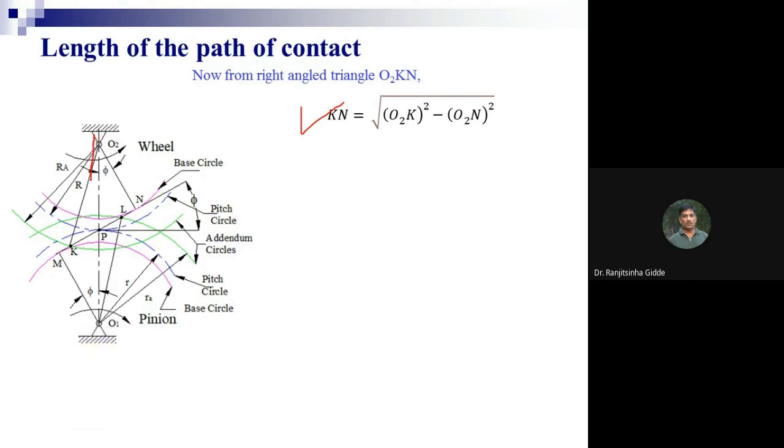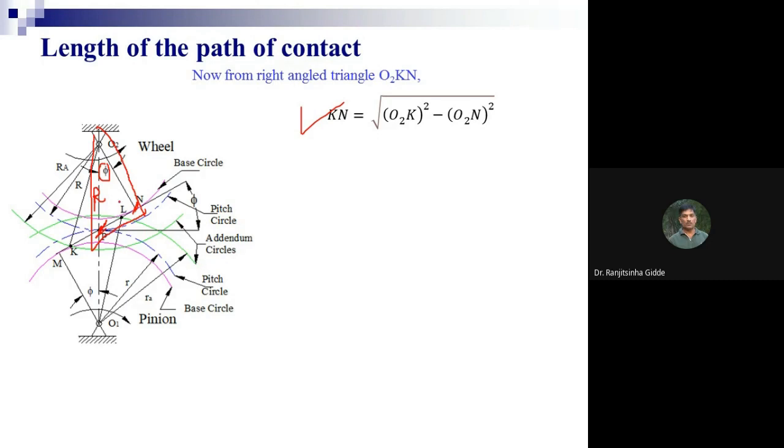Again you should concentrate. Pay attention only to the triangle that I show you. Okay, how to find out this Pn? Again here it is phi. This value O2P, we know it is capital R, right?